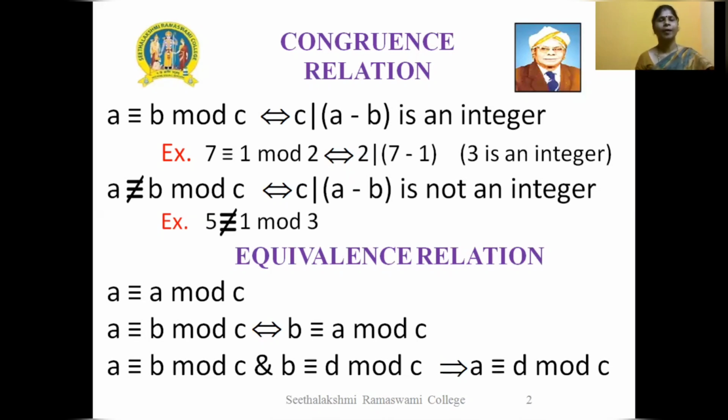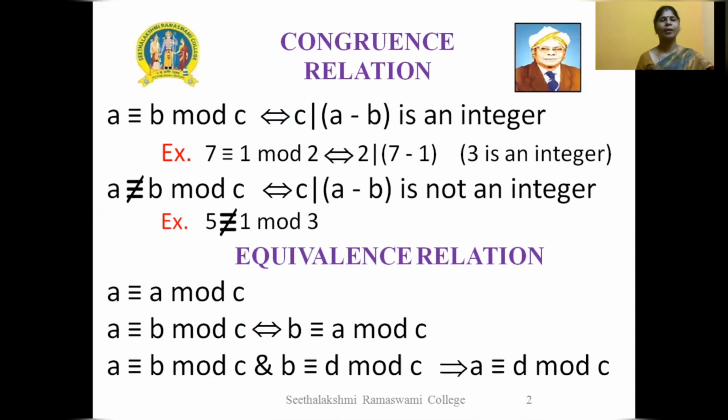If A, B, C are integers and C not equal to 0, then A congruent to B modulo C is a congruence relation if and only if C divides the difference of A and B. For example, 7 congruent to 1 modulo 2, because 2 divides the difference of 7 and 1.